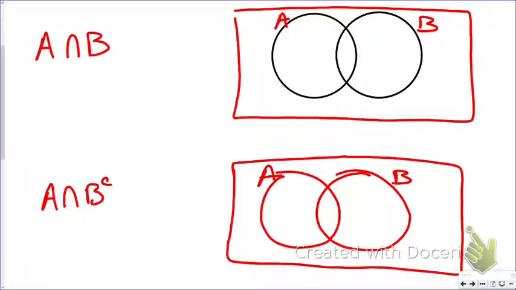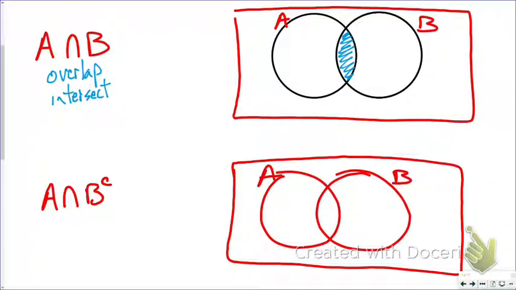Okay, here we go. So we want to shade where these things overlap or intersect. And this first one's pretty easy. It is right there. They overlap right there. The second one, though, right off the bat is confusing.